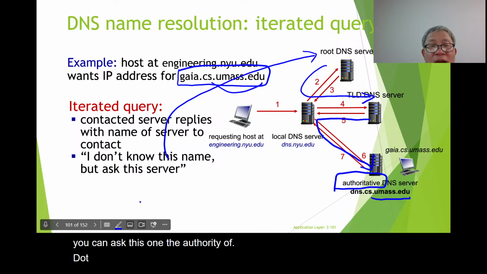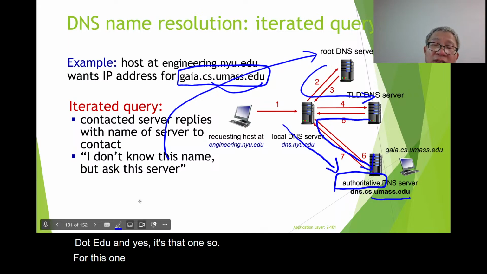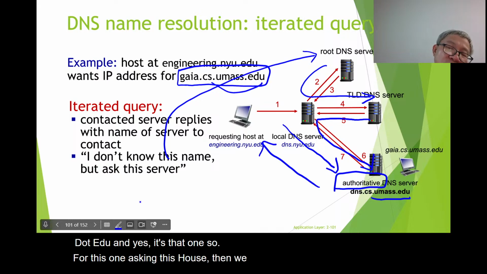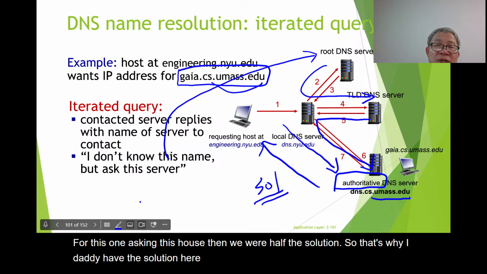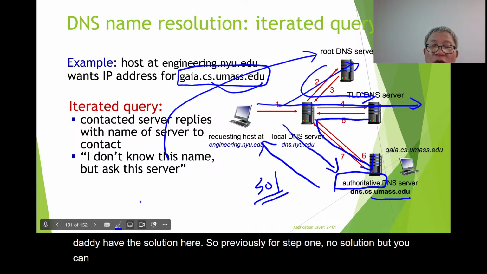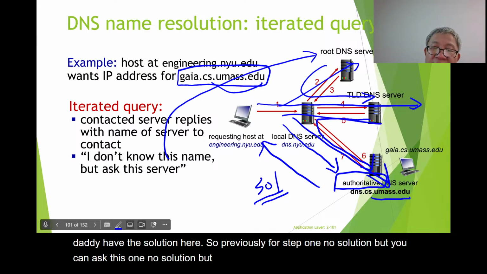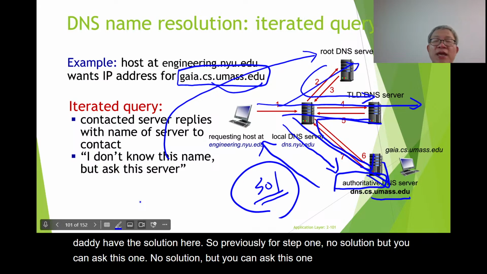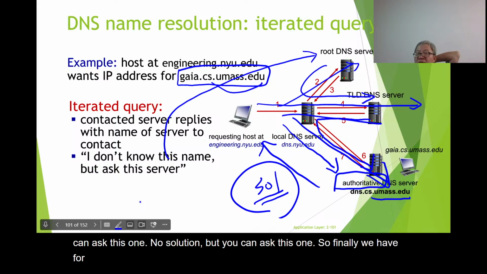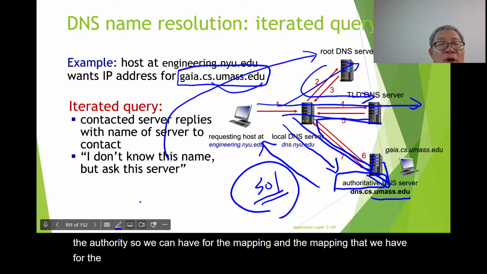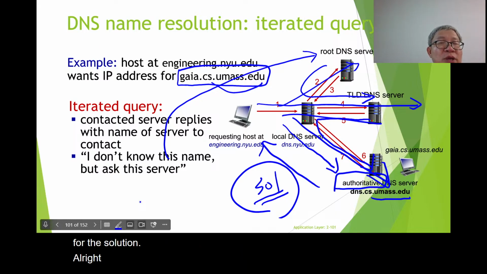And yes, it's that one. So asking this host, we will have the solution. So previously for step 1, no solution, but you can ask this one. No solution, but you can ask this one. Finally, we have the authority, so we can have the mapping, and we have the solution. This kind of query we call the iterative query.